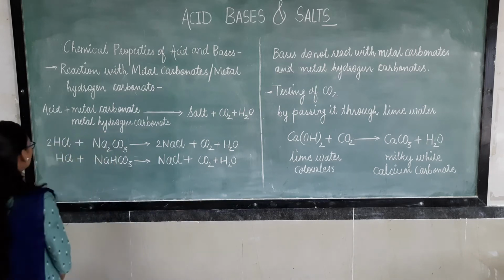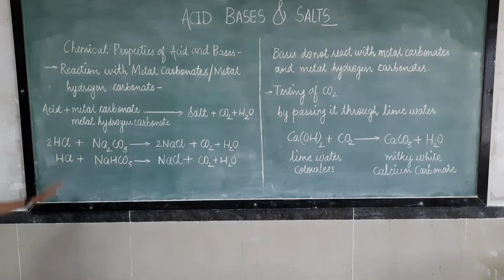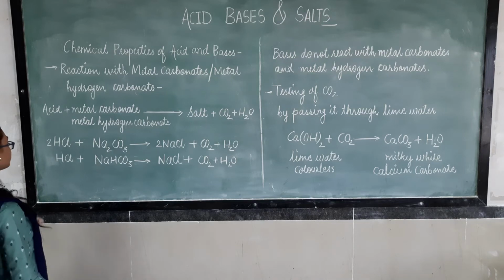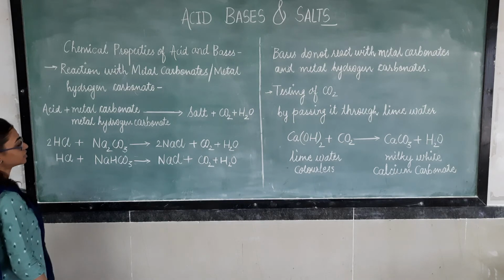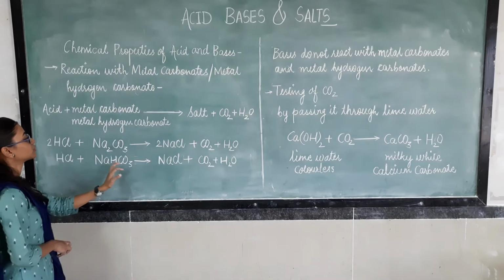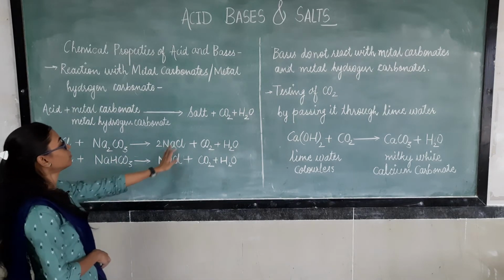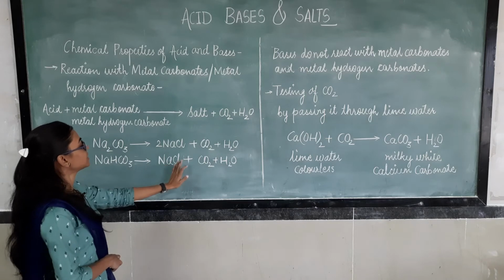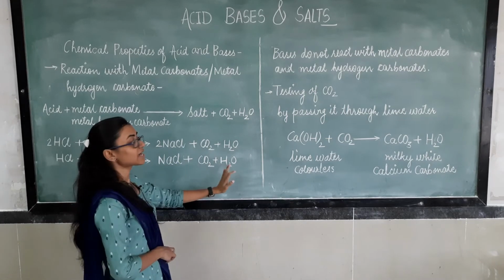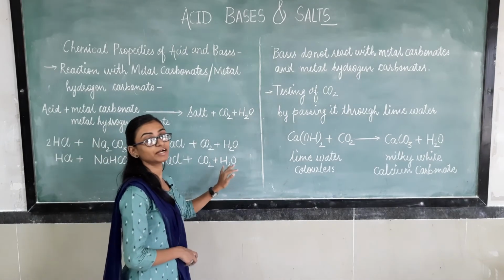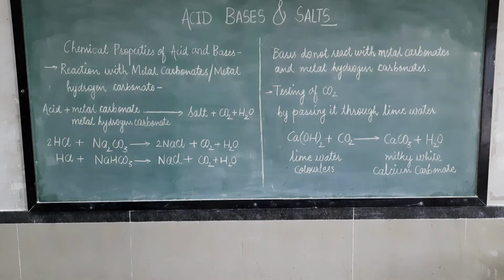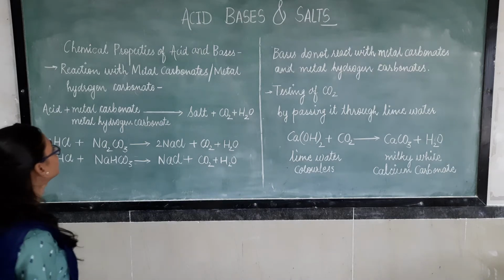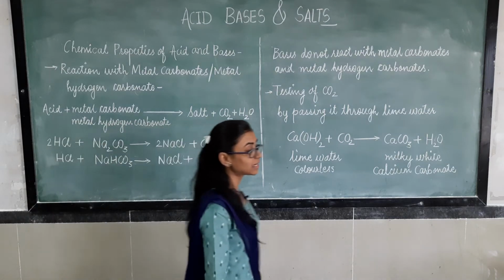Now the example with a metal hydrogen carbonate: when HCl reacts with sodium hydrogen carbonate, it forms salt again, NaCl, CO2 is released, and one molecule of H2O also forms. So this is the reaction of metal carbonates and metal hydrogen carbonates with acid.